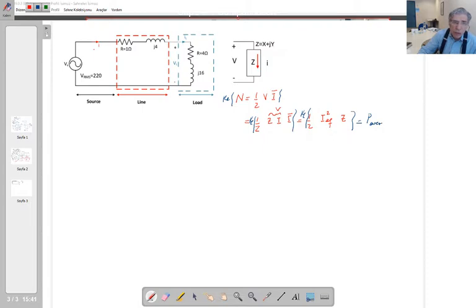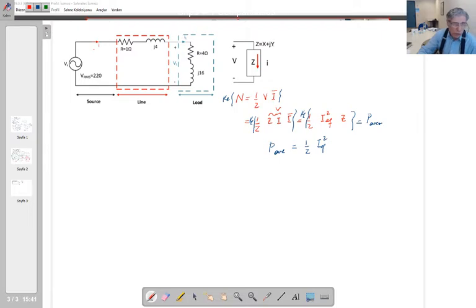So if I apply it to this load now, the P average for this impedance Z is equal to 1 over 2 I effective squared times the real part of Z, because the square of the effective value is a real number.